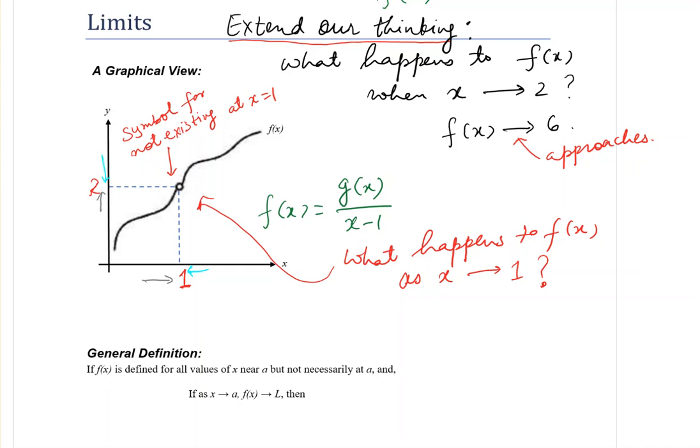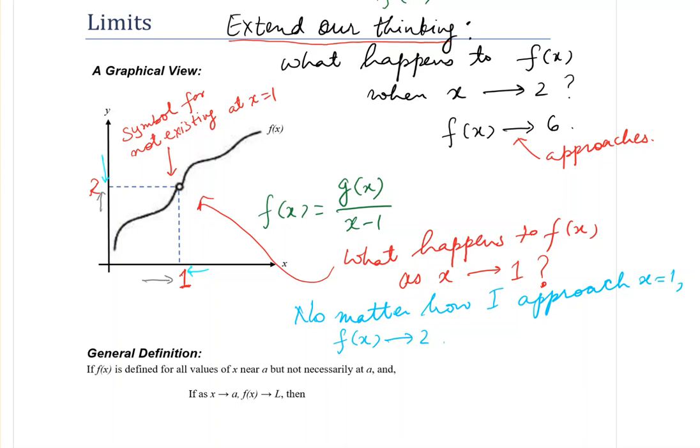From here we can see that no matter how I approach x equals 1, what happens to my y value? f(x) always approaches, getting really close to, 2.